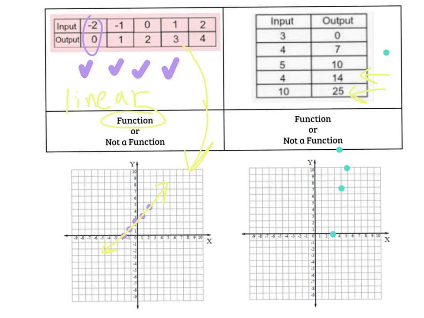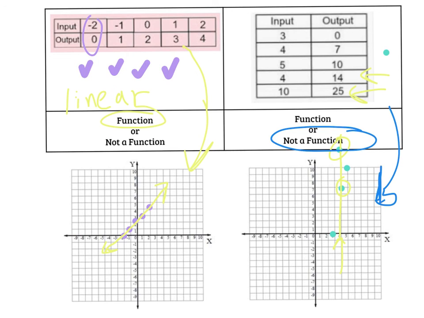Okay, now what I wanted you to see here is that the place where the input is 4, it has two values. It has 7 and 14. So this is definitely not a function because we have this like undefined slope.